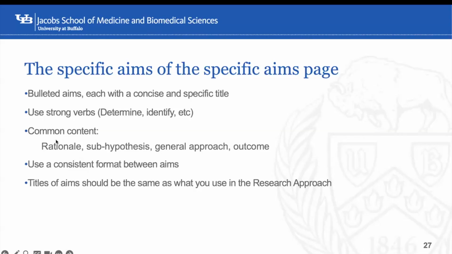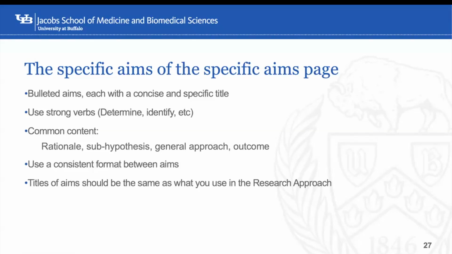One thing that also helps the reader is the fact that the aims are consistent with each other. Usually, those aims will have very common content that includes a rationale for the aim, a sub-hypothesis, a hypothesis for that particular aim, and a very, very general approach.